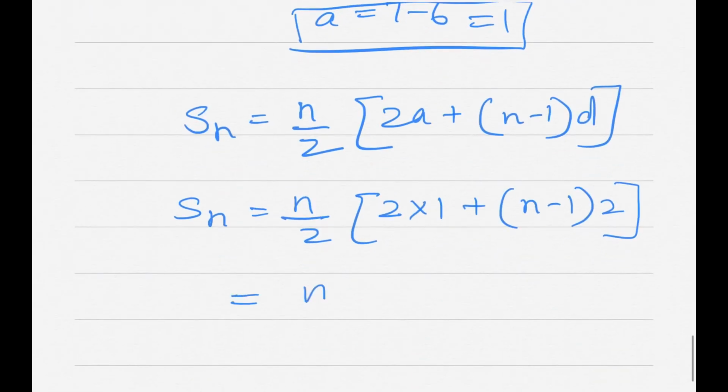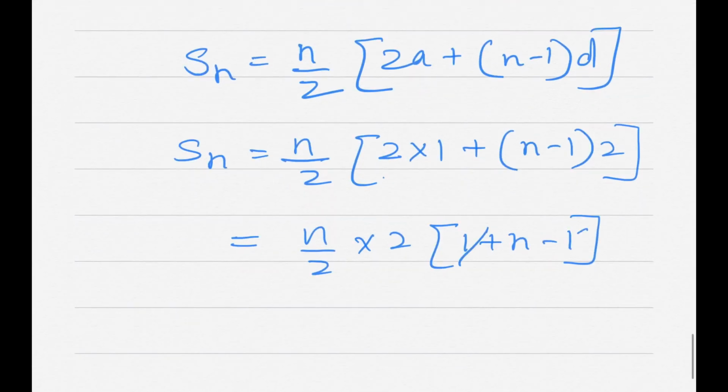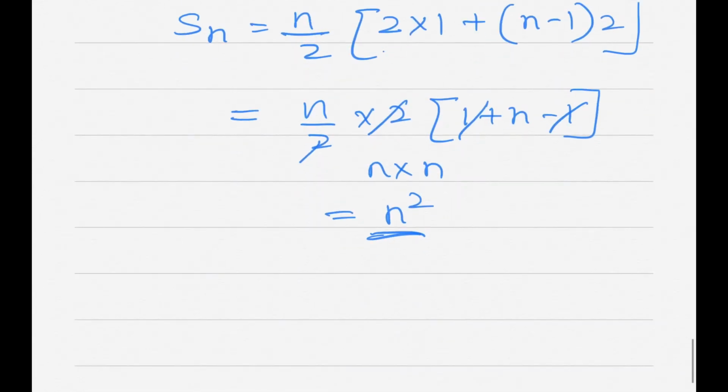So this comes out to be n by 2, and 2 I can take common, so I'll be left with 1 plus n minus 1. Plus 1 minus 1 gets cancelled, 2 gets cancelled, so n into n, which is n square.